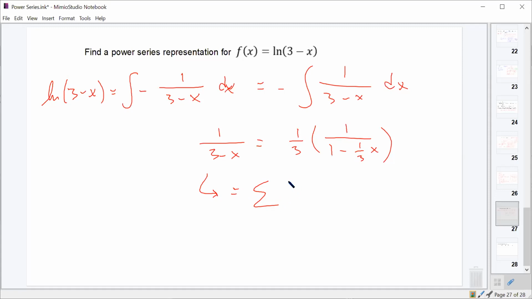Should be 1/3, because we have to keep the 1/3, and then it should be times 1/3 x to the n from n equals 0 to infinity. Would you all agree with that? Yes. Okay, good.